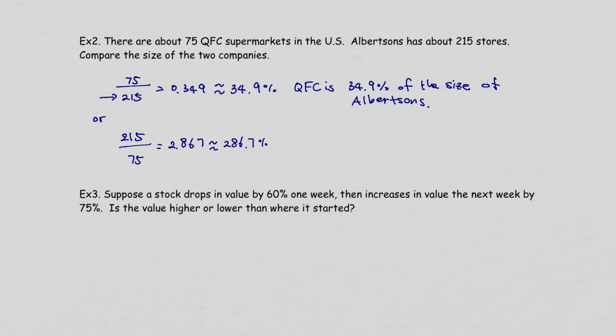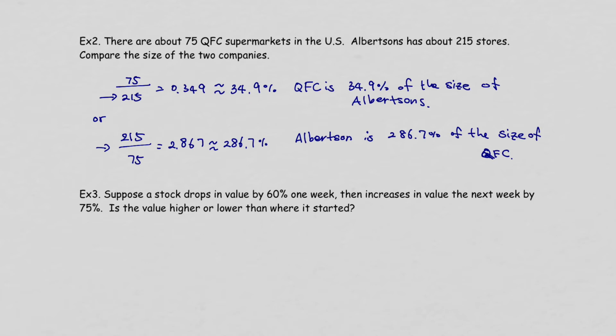In this way, you could say Albertsons is 286.7% of the size of the QFC. So there are two different ways of comparing it. It depends on which one you set as the whole, the base, and your answer could be different.